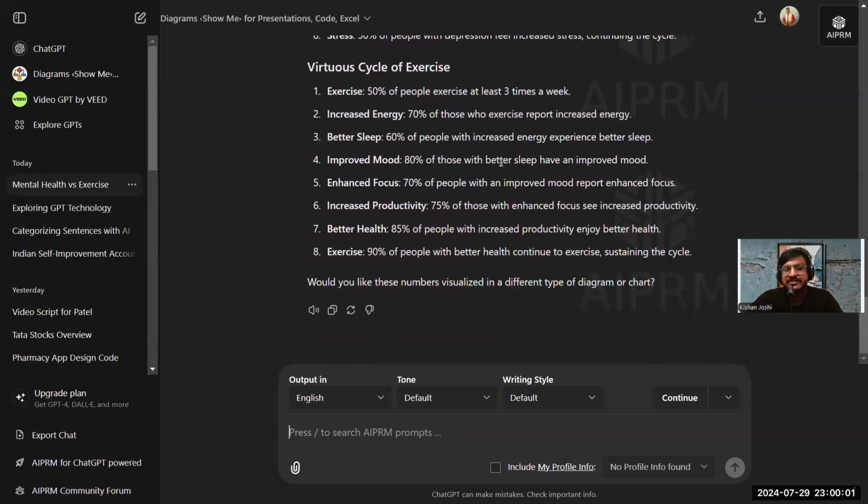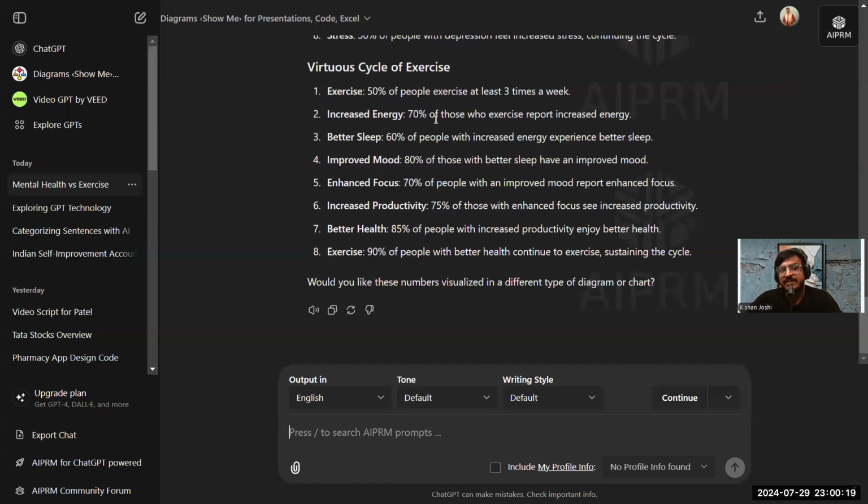Virtuous cycle of exercise: 50% of people exercise at least 3 times a week. I don't believe this number, but ChatGPT generated it.